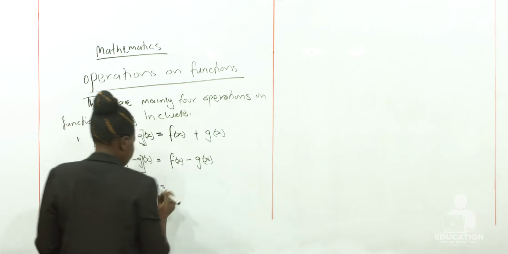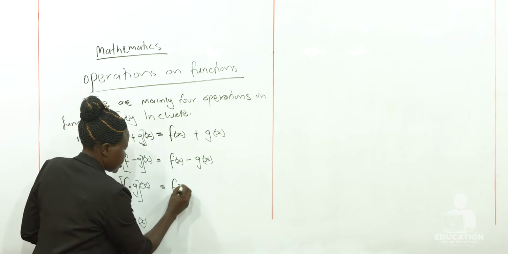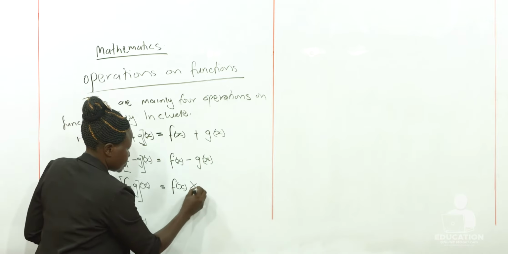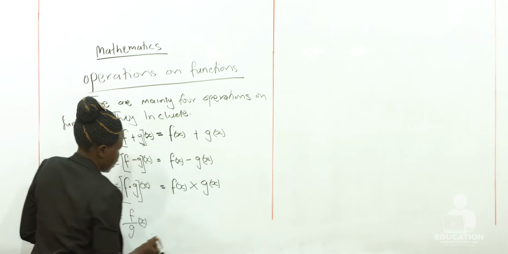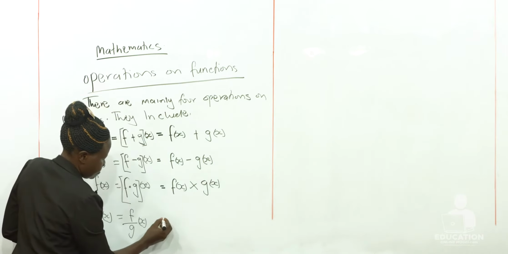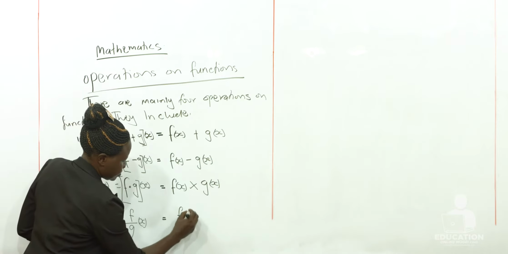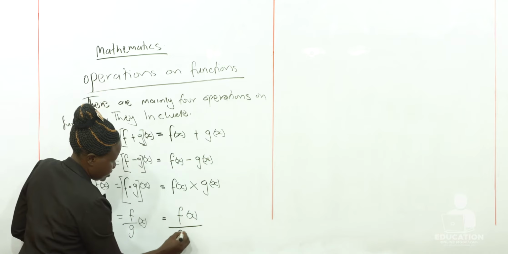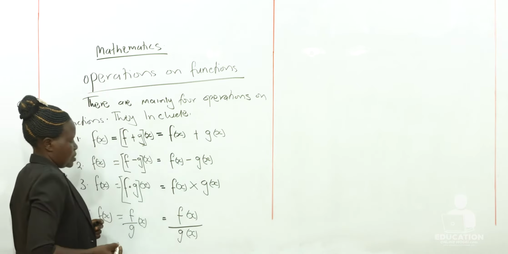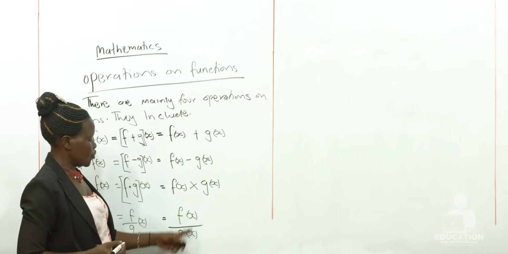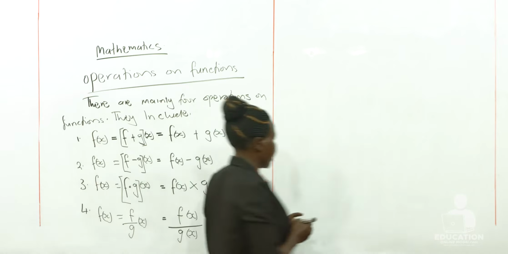So you will put it as f of x times g of x, and this one will be f of x divided by g of x. This is how you simply express your operations.